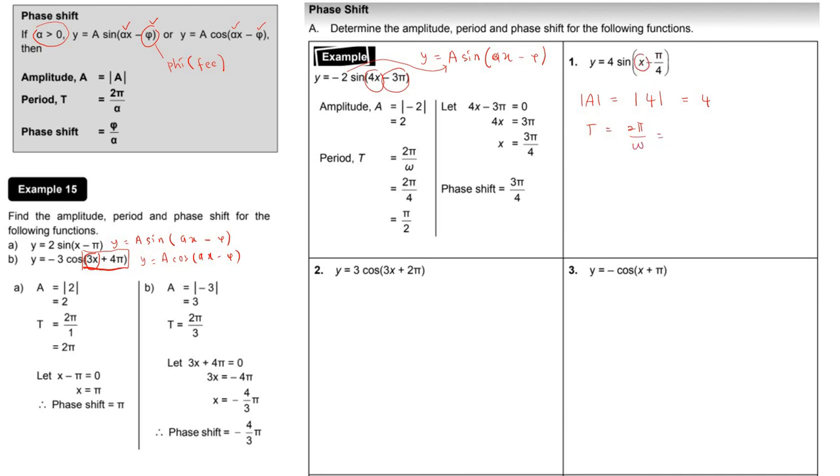In this case, omega equals 1. So period is 2 pi. And then to find phase shift, take everything inside the bracket. x minus pi over 4 equals 0. x equals pi over 4. And that is our phase shift.